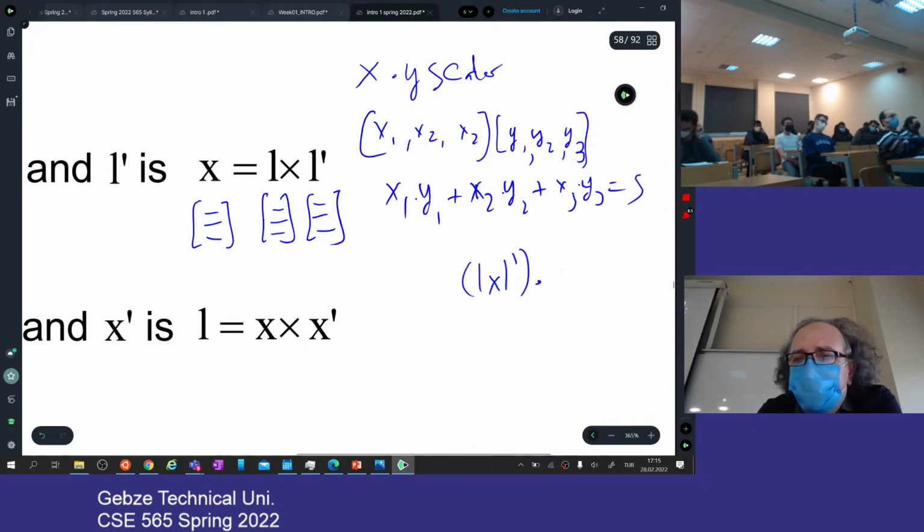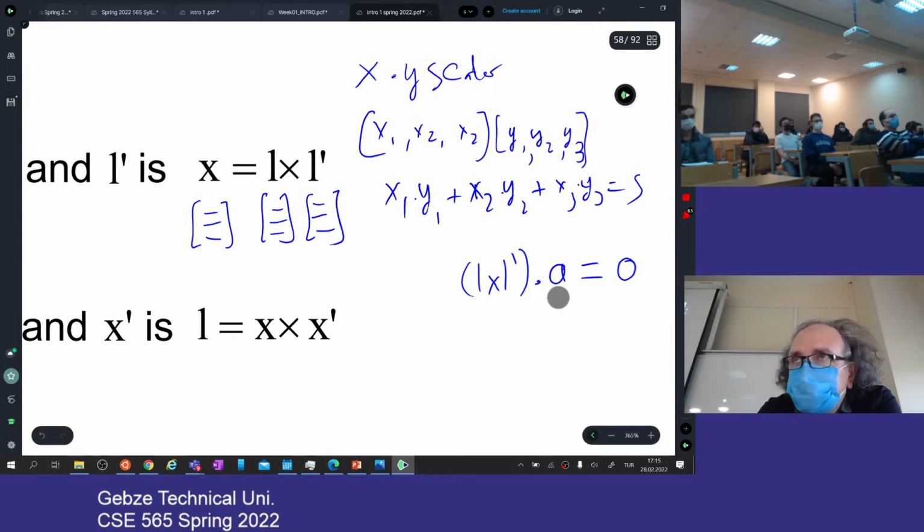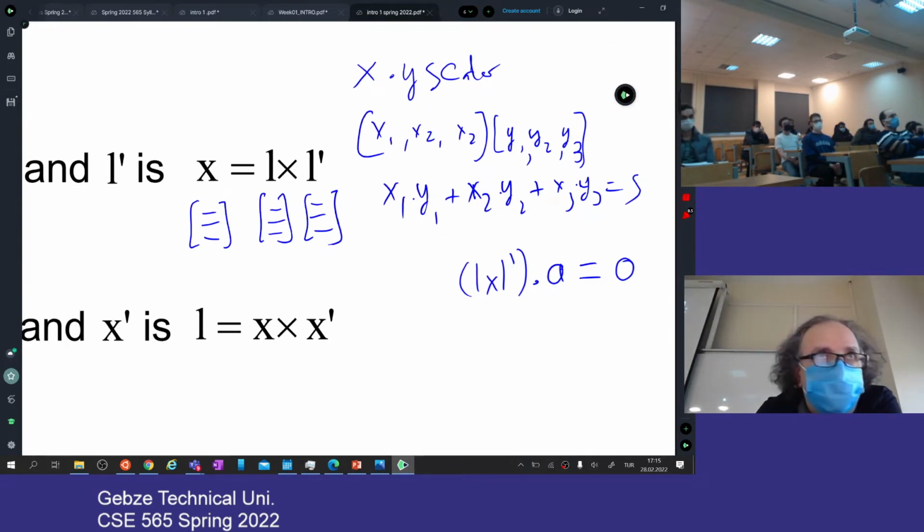I have a vector A. If the multiplication is 0, what would you say? L or L prime is 0. Well, I know it's not 0. A is a three-dimensional vector. Let's say A is a point.